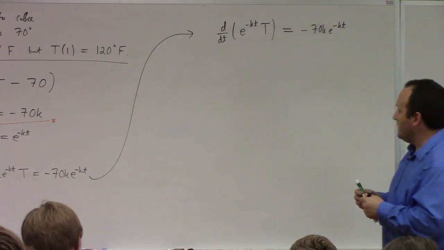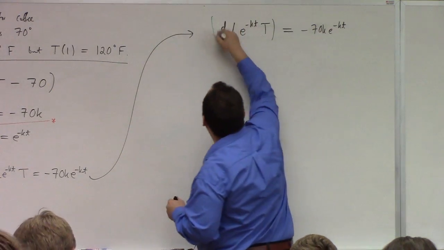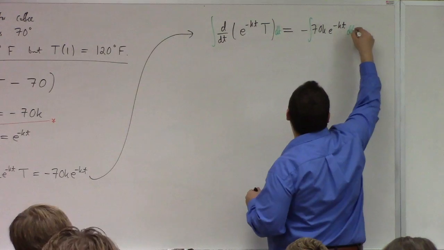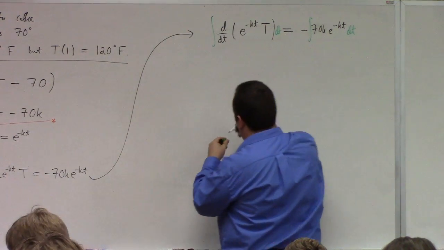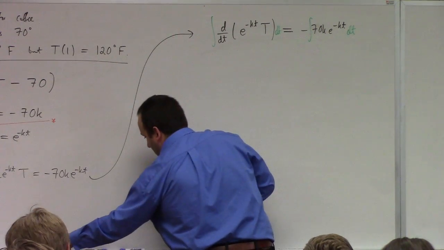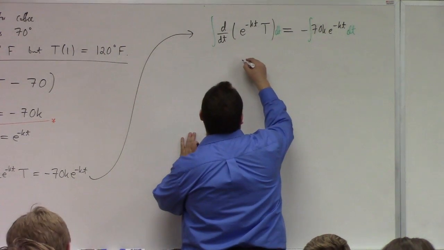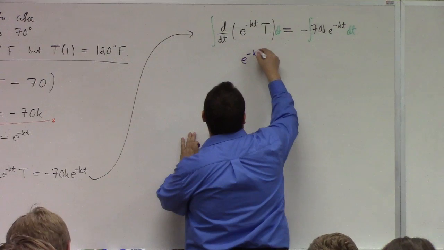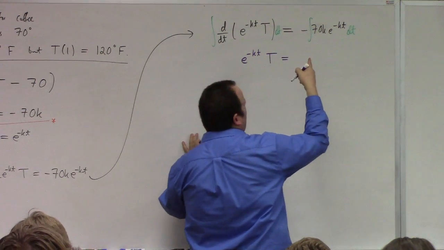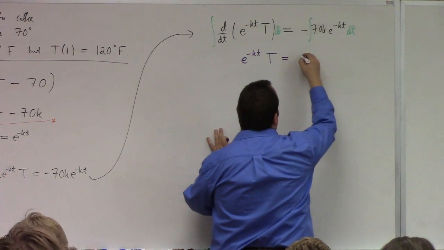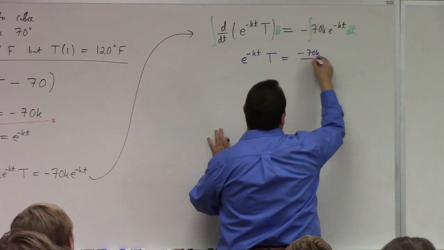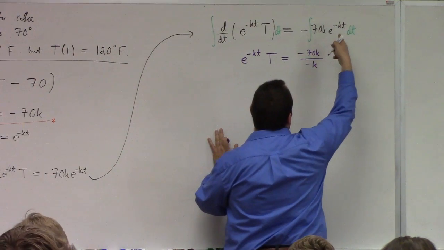Now integrate both sides with respect to time. And we get e to the minus kt times the temperature function is equal to, when I integrate this, 70k is just a constant, so I've got minus 70k, then I have to divide by minus k because I'm integrating e to the minus kt.